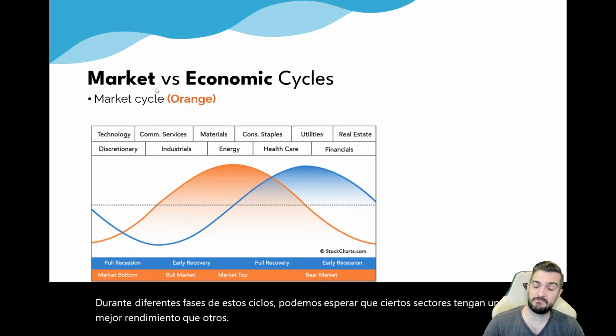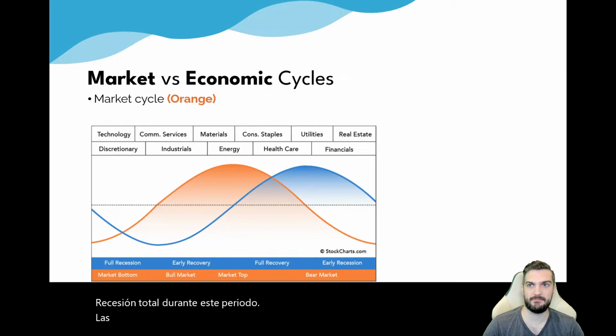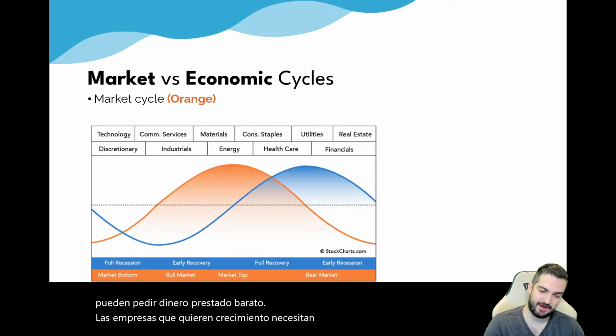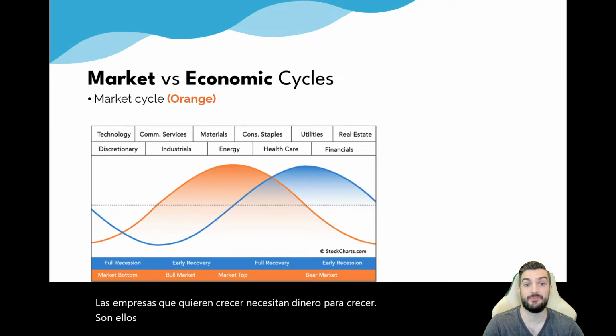Full recession, during this period, companies have been sold off quite a bit, share prices are low, and companies can borrow money for cheap. Companies that want growth, need money to grow, they're the ones that are going to start to grow first. Technology, discretionary, communication services, sensitive sectors.